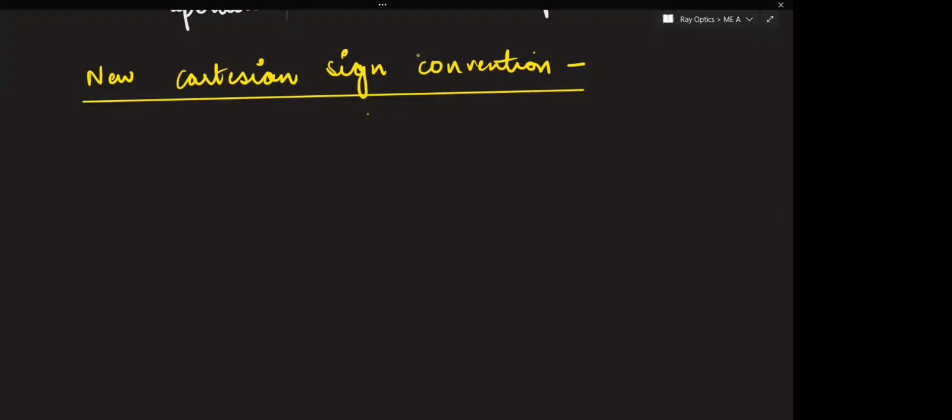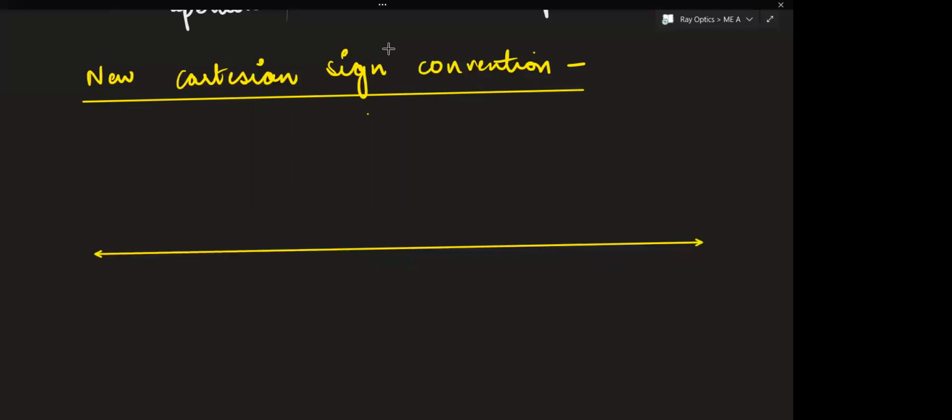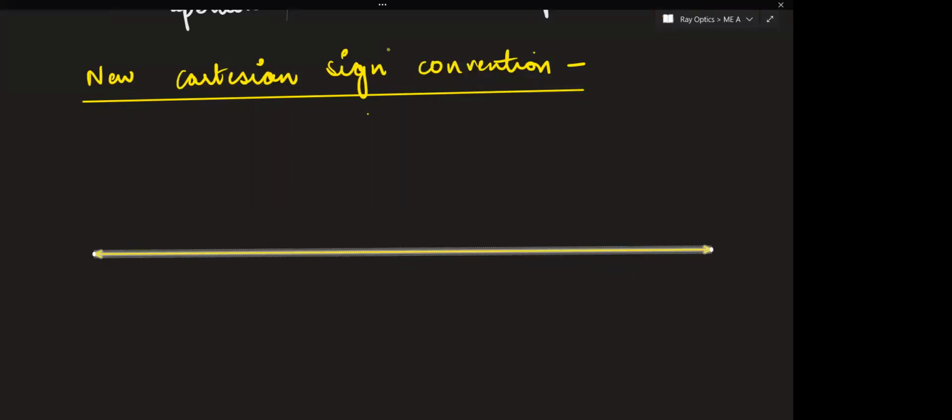See, certain sign conventions we have to choose whenever we draw, especially for ray diagrams. This is important. Let me draw the principal axis. This is the principal axis, and this is your mirror. Let's write it as a concave mirror just for reference.